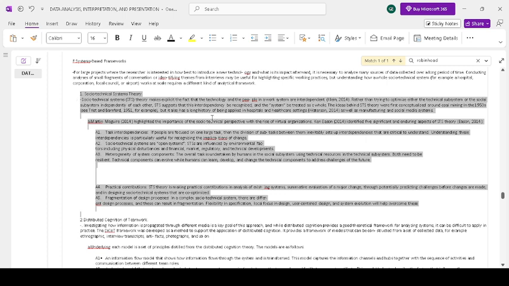STS suggests that this interdependency be recognized and the system be treated as a whole. So you need to recognize that these are interconnected. You cannot really break them apart and should treat it as a whole.